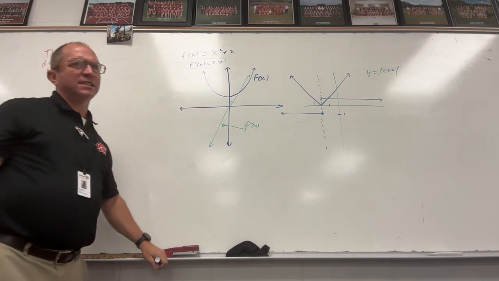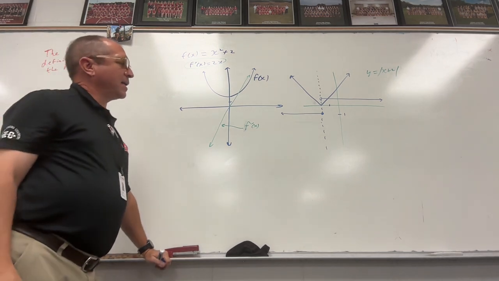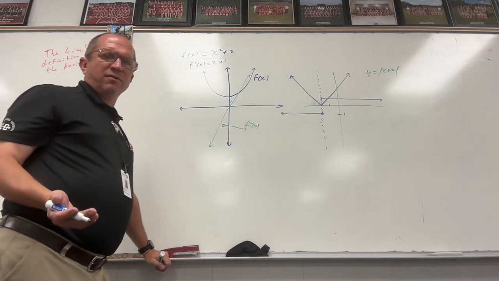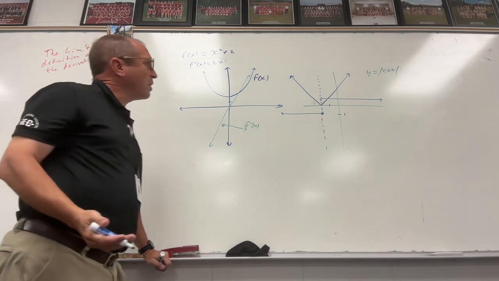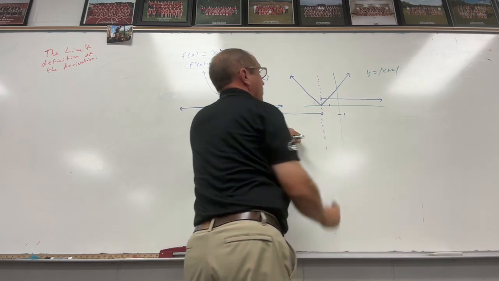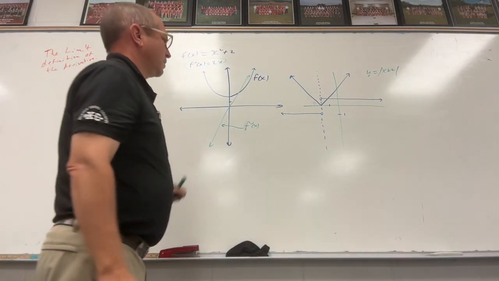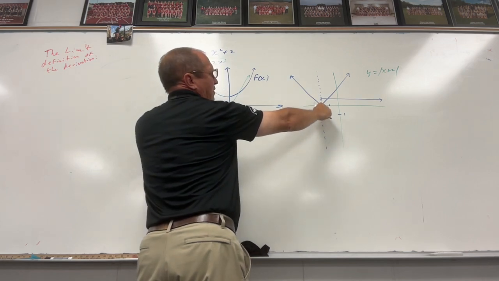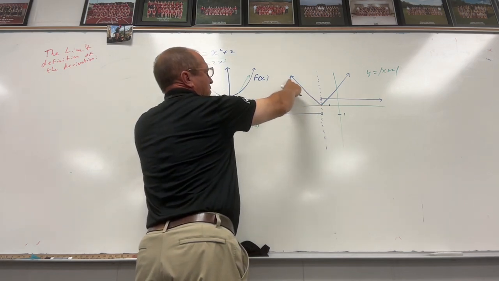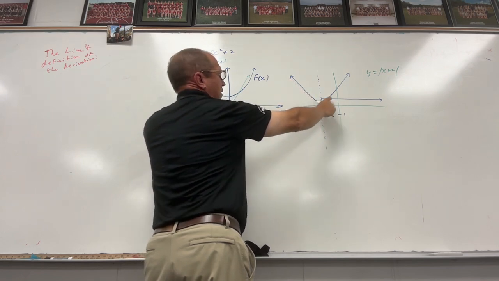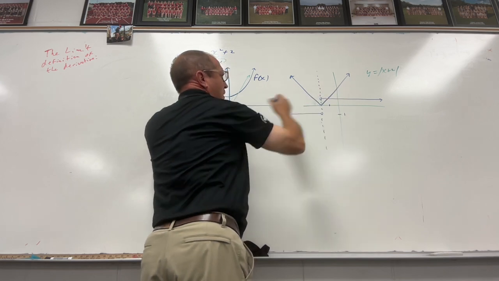Because what we're going to see here is that at x equals negative 2, this function is not differentiable. We can't take the derivative at this point, because the slopes coming in from the left are all negative 1, and the slopes coming in from the right are all positive 1.